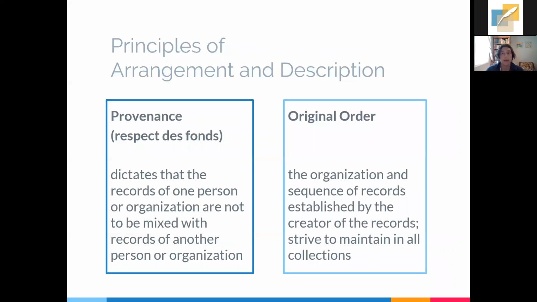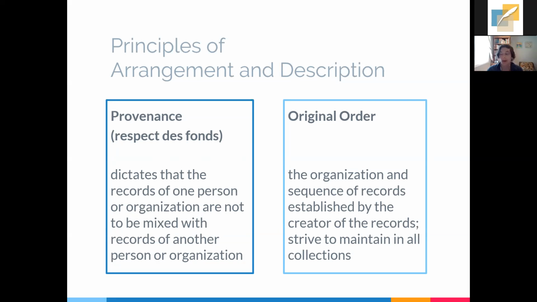These two principles that you see here on the screen guide both archival arrangement and description, which are fundamentally linked together. So I know this webinar is about description, but it's hard to separate description from arrangement. So we'll just keep that in mind here.